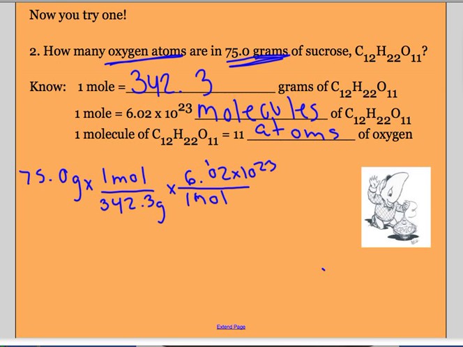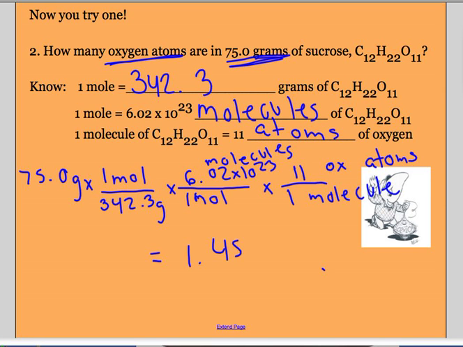And remember, this is molecules. And last step, because they forced us to, they said they wanted atoms. We're going to say that in 1 molecule, there are 11 oxygen atoms. Everything cancels until we get our answer. And it's 1.45 times 10 to the 24th oxygen atoms.